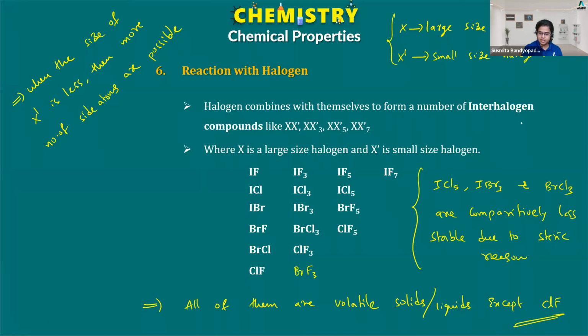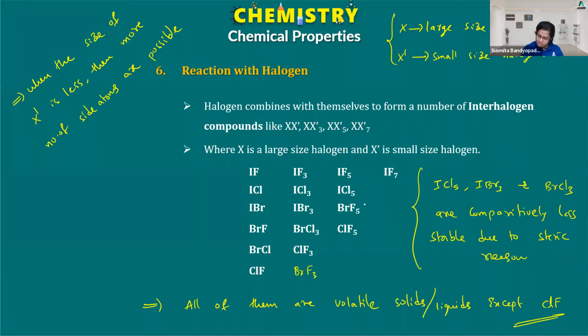Interhalogen compounds. Now you'll observe that you get IF7 but not ICl7, because when side atoms are too large and too many in number, steric repulsion or steric crowding will be there. So BrF3 will be there.